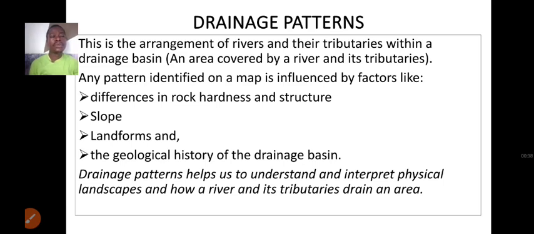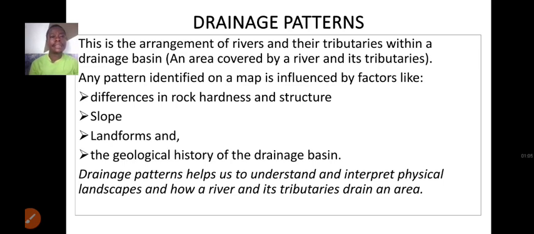We are able to know that these symbols have been categorized: those that represent communication or transport networks, those for vegetation, those for settlement, drainage patterns, relief, and others. Today, I'm going to look at drainage patterns.